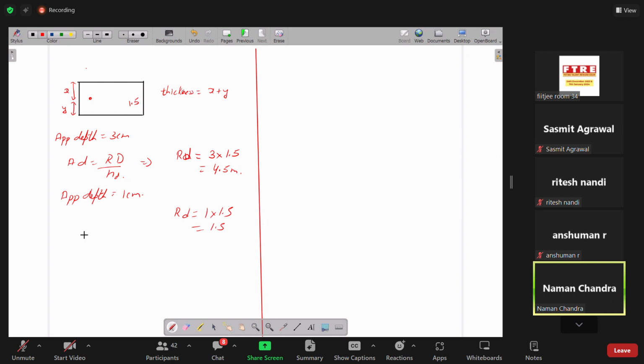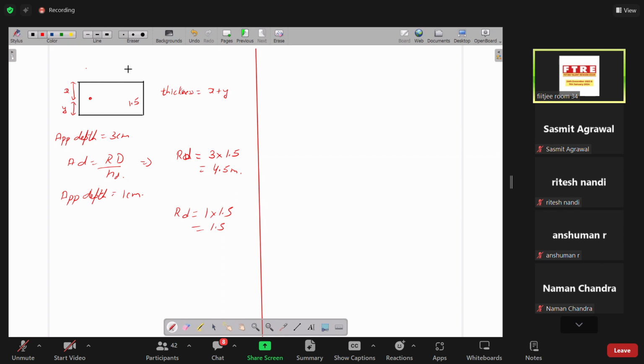Basically, an object is placed in front of a concave mirror at a distance x centimeter from the pole. Magnification is 3 times, and it's a real image. Then it is moved to x plus 5 and the magnification becomes 2. So the magnitude of the focal length is 10 n centimeter. Find the value of n.